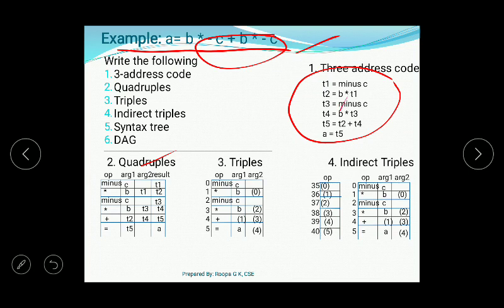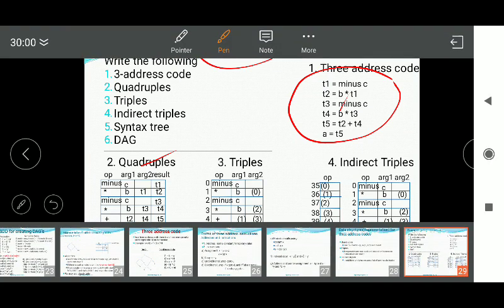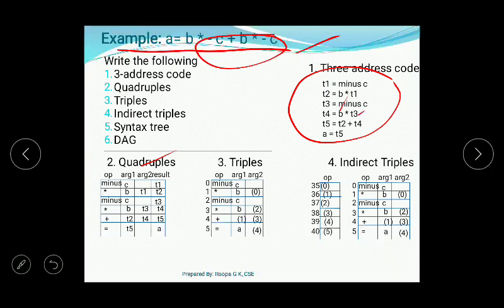That is first argument is B. Second argument is T3. So T3 result is stored in T4. This line T5 is equal to T2 plus T4. Operator is plus. So I wrote plus. Then first operand is T2, second operand is T4. So T2 and T4 result is stored in T5.